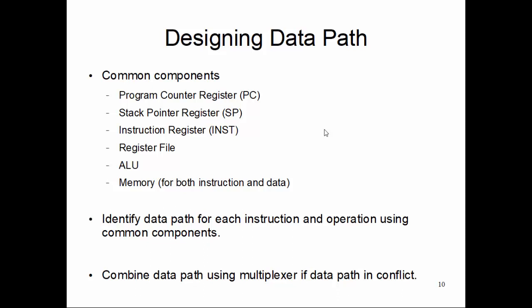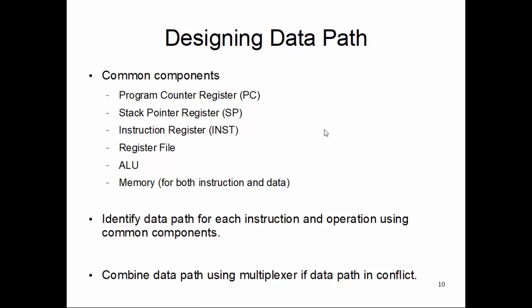Our target is to identify the data path of each instruction and operation using these common components, and then combine the data paths using a multiplexer if there is a data path conflict. That is the main principle of designing a processor.